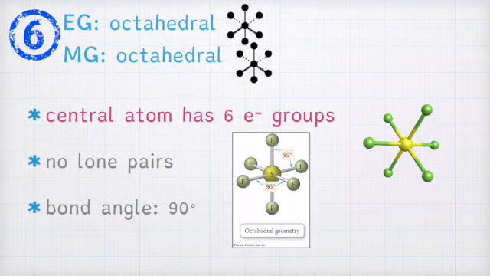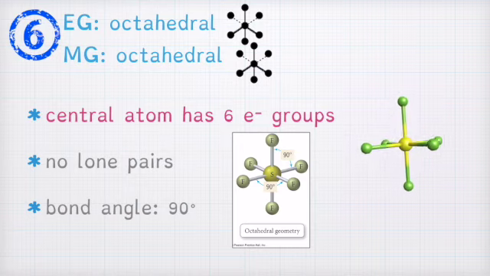The largest molecules that we talk about with VSEPR have 6 electron groups around the central atom. When that happens, we have what we call octahedral geometry. That's because if you connected all the outer atoms, they would form an octahedron. So if there are no lone pairs, the molecular geometry is also octahedral, and the bond angle between every single atom is 90 degrees.